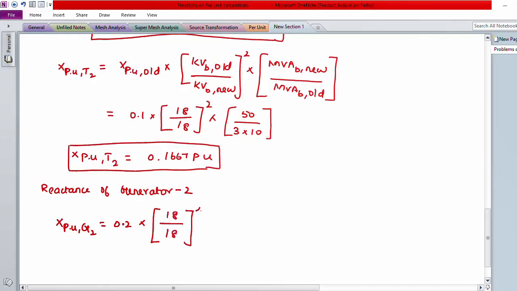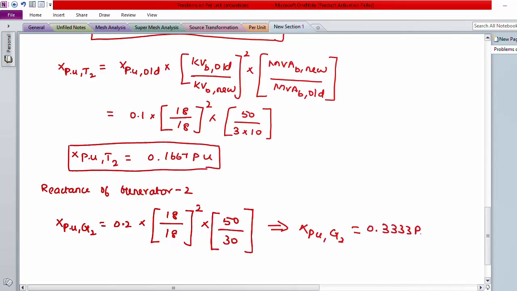So 18 by 18 the whole square into MVAB new divided by MVAB old. MVAB new will be common for all the components, and there will be changes only in base voltages. If you simplify this, we get the X per unit reactance of generator 2 as 0.3333 per unit.